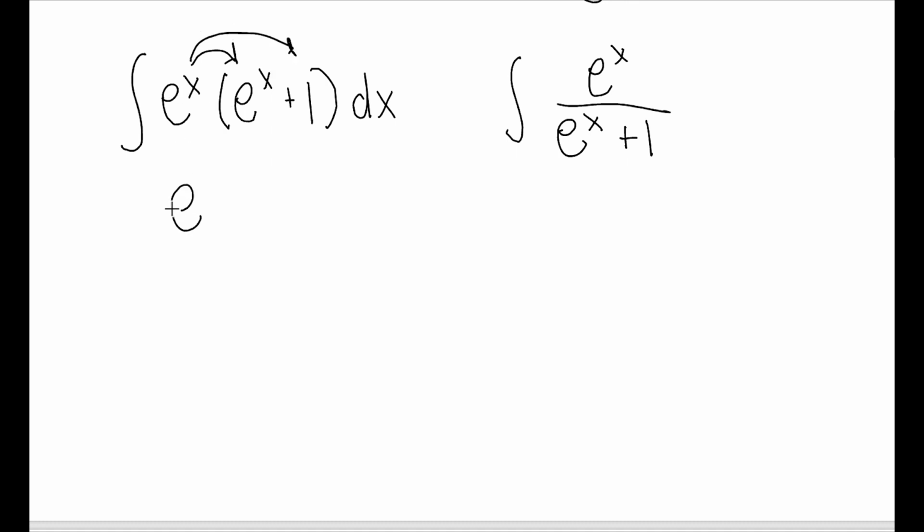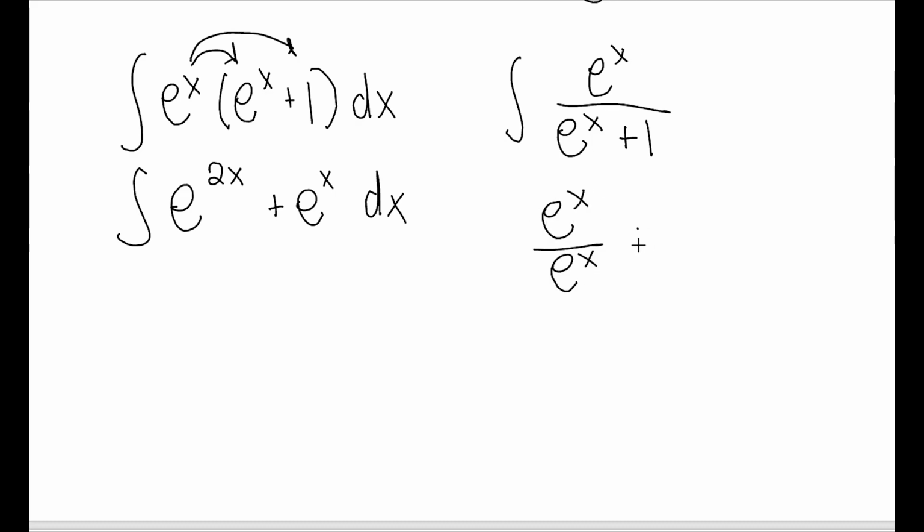So here I would have e to the 2x plus e to the x that I would be integrating. And here I would have e to the x over e to the x plus e to the x over 1. So I would integrate 1 plus e to the x.